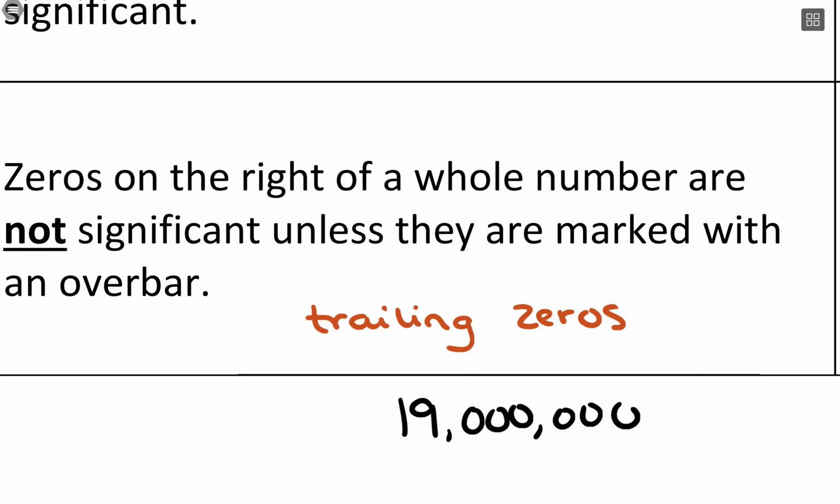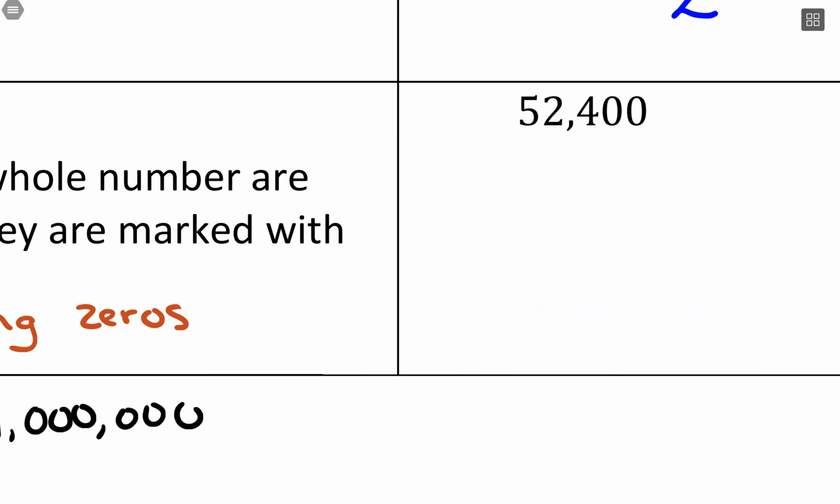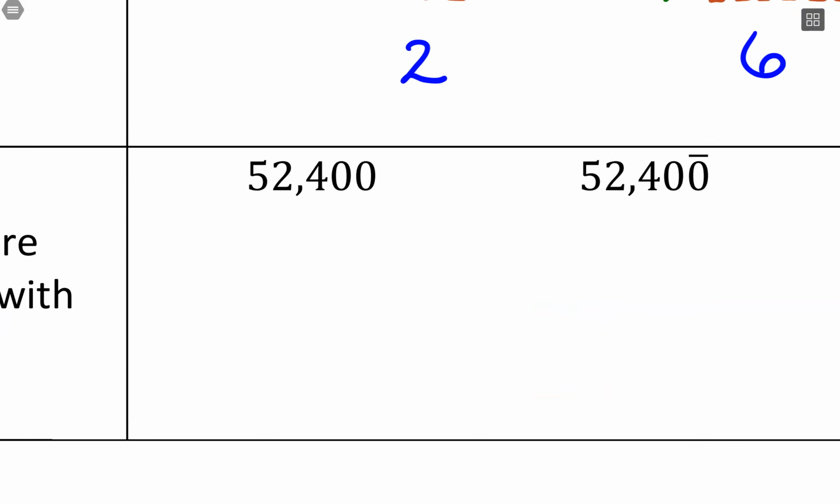So we'll talk about the overbar, but essentially any of these zeros following, not significant. So if we have 52,400, the non-zero numbers are significant, but those trailing zeros at the end, not significant. So this would have 3 sig figs.